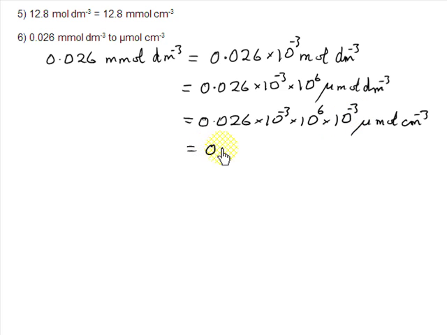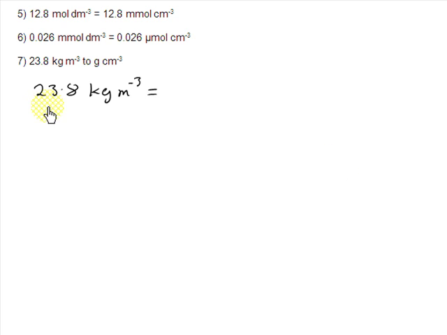So this will be 0.026 minus 3 plus 6 minus 3. That will add up to 10 to the 0, which is just unit value. So this will just become 0.026 micromoles per centimeter cubed.